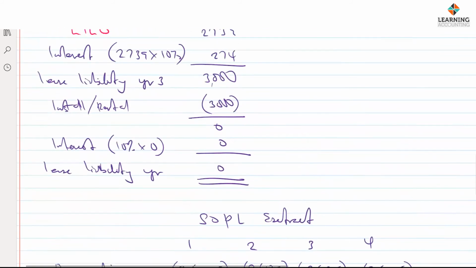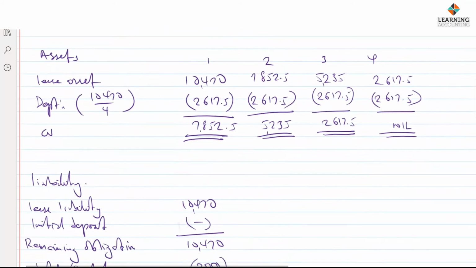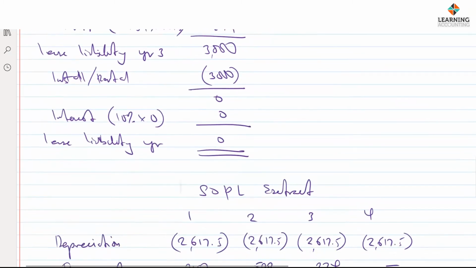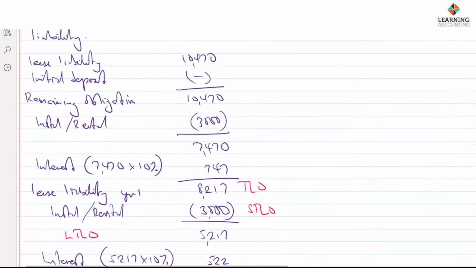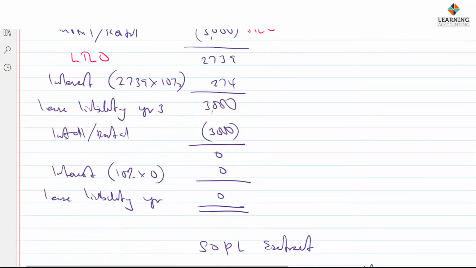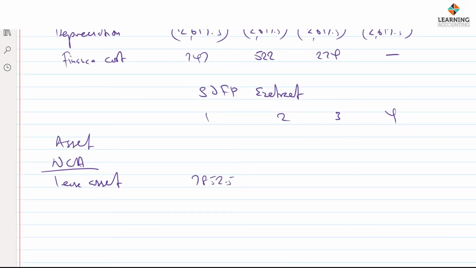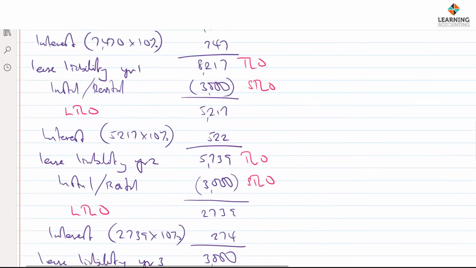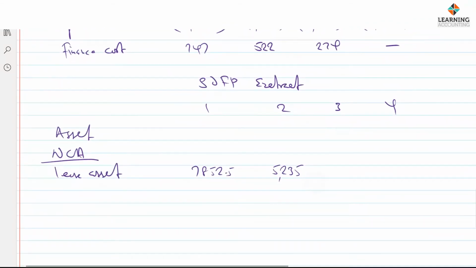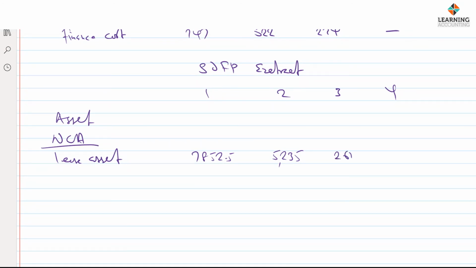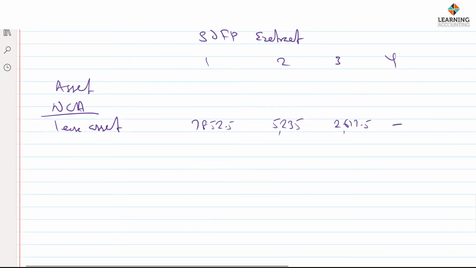And the lease assets, let's speak down the figures we have here: 7852.5, 7852.5, 5235, 5235, 2617.5, 2617.5, and of course the asset ceases to exist at the end of that day.